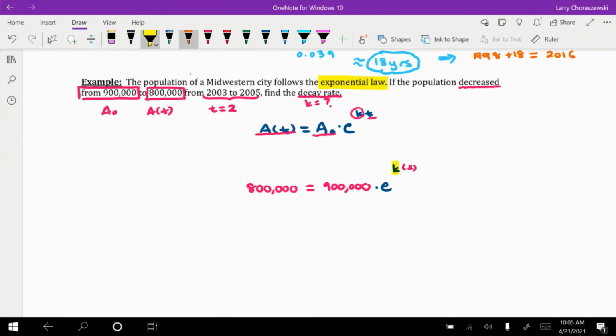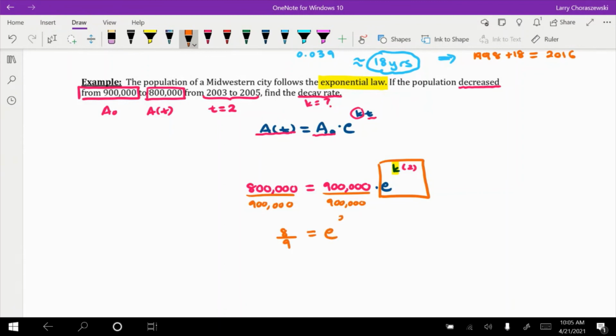All right, you ready? Let's go ahead and isolate the exponential expression. We can divide each side by 900,000. On the left, I'd actually like to leave that as 8 over 9, which is what that fraction reduces to.